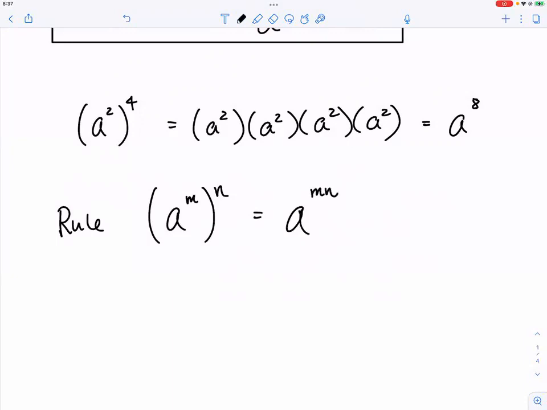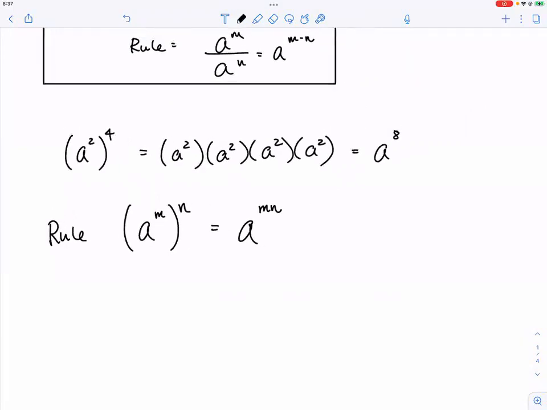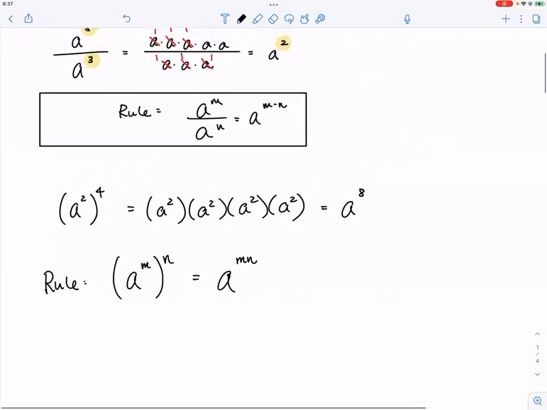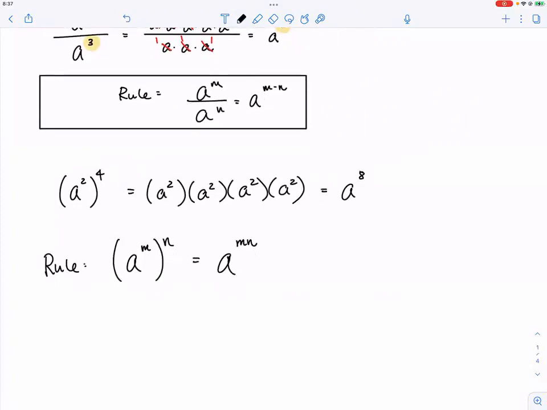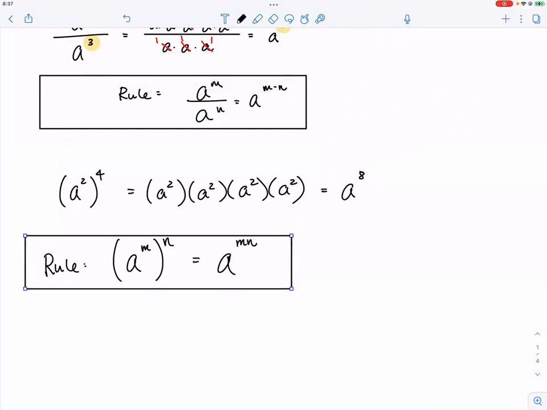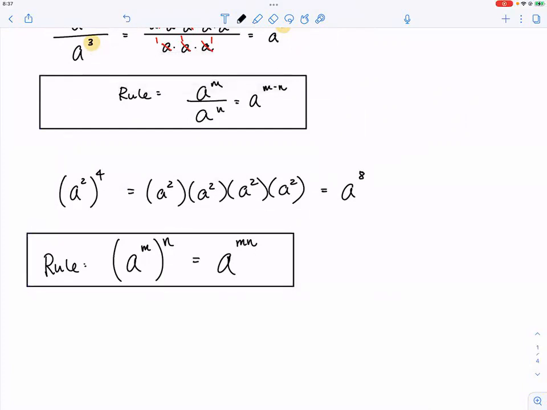This is when you multiply the exponents together. Now, without the examples, you are not going to have a strong understanding. With the examples, you may forget stuff pretty easily. And I don't want you to forget this stuff. Okay.